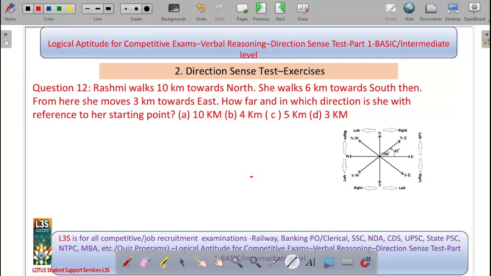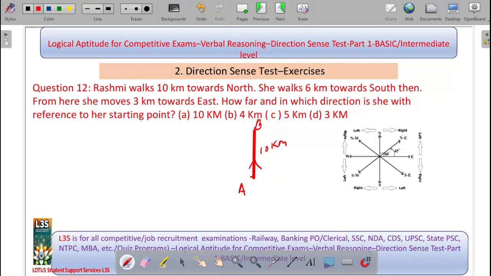So Rasmi will walk north 10 km. Say this starts from A to B, this is 10 kilometer. Now she walks 6 kilometer towards south. From point B, she returns back and walks 6 kilometer.